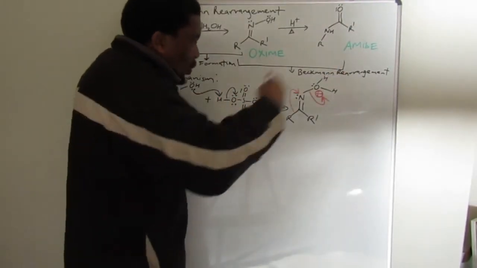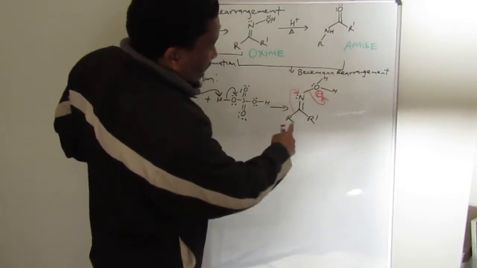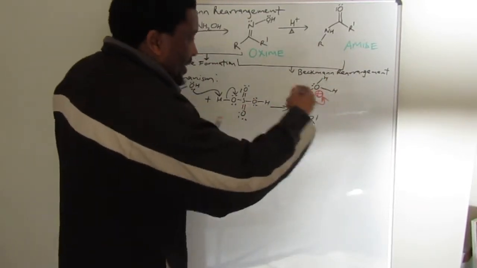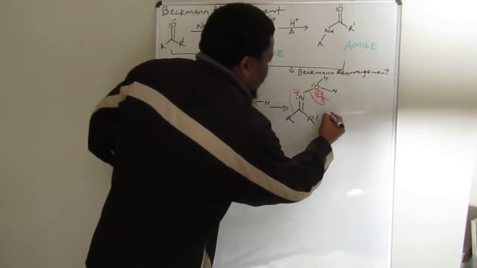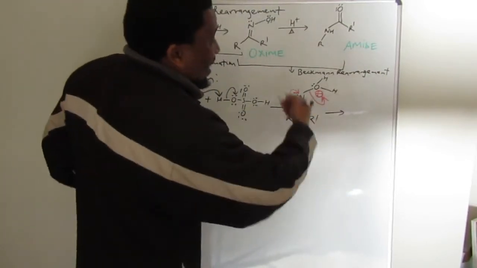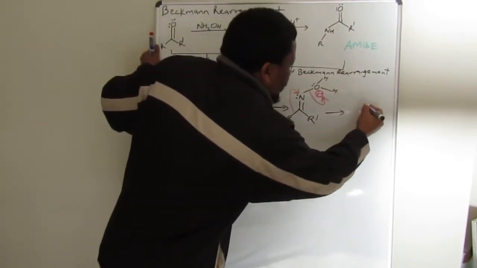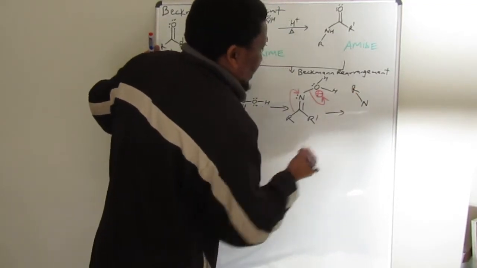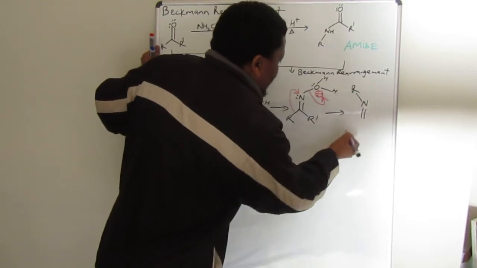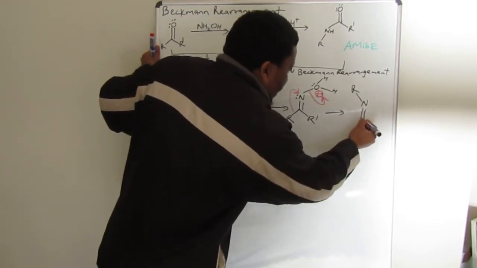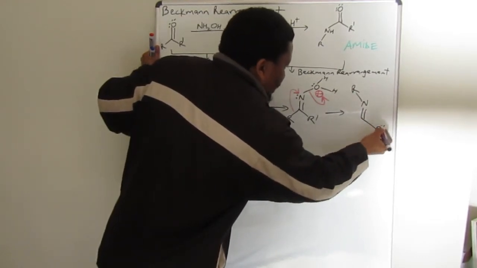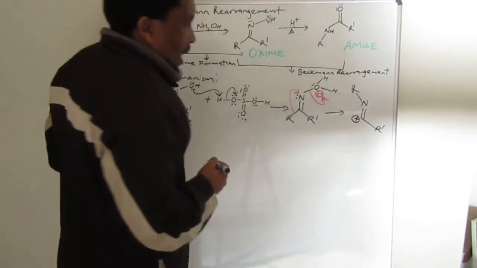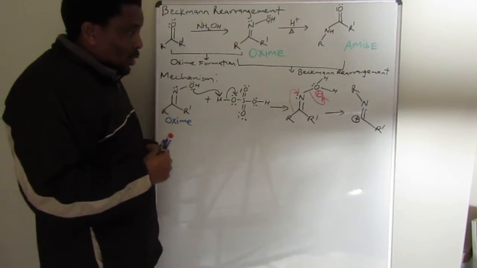It migrates, it rearranges itself to generate this, bonded to R, still doubly bonded here, and bonded to R prime here. Then there is a positive charge on that carbon atom.